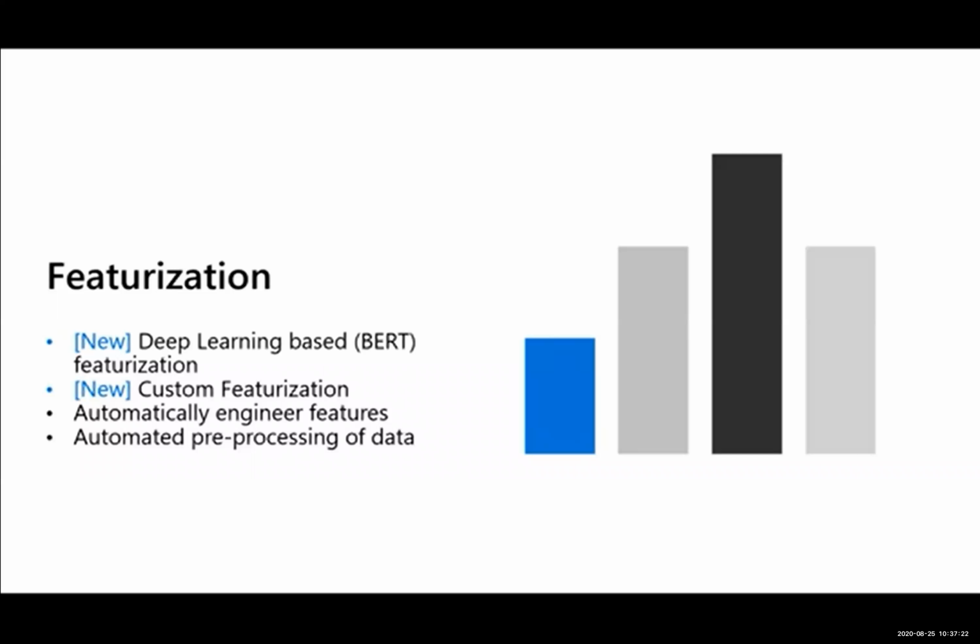And this will essentially result in better accuracy. So some of the things you can do with customized featurization is block transformers, override column purpose, choose to include or exclude columns in training, and decide how to impute missing values. Additionally, we do support deep learning with BERT and BiLSTM for NLP. To learn more about our advanced data preprocessing and feature engineering, definitely check out our docs.